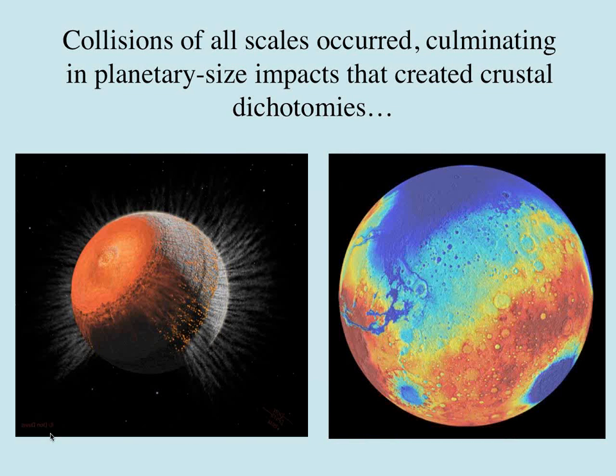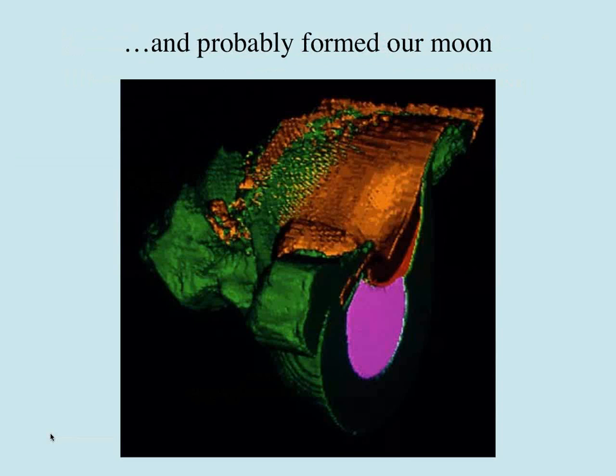We now believe, well, at least it's plausible, that the planetary dichotomy, the crustal thickness dichotomy on Mars, is the result of a very large impact with an object about 600 kilometers in diameter shortly after the formation of Mars, and that our own moon was probably formed by the impact of a Mars-sized object that collided with the Earth and blasted out a cloud of hot gas and dust that condensed into the moon.